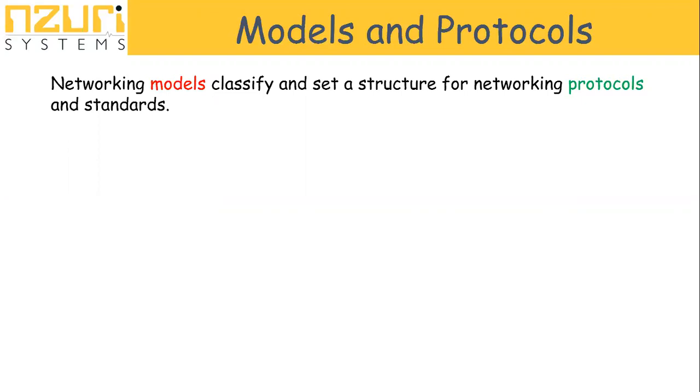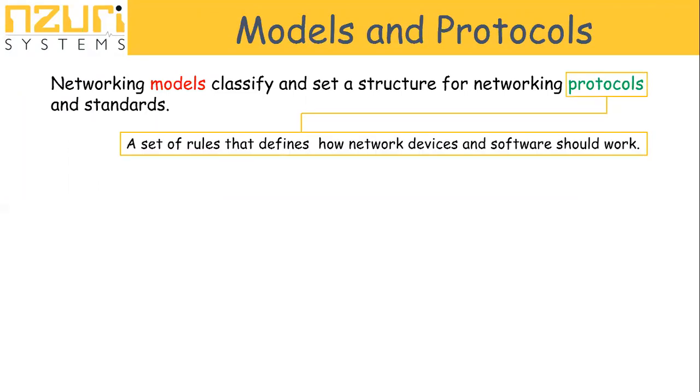Now, if you look in here, we have protocols. When we say protocols, protocols are basically a set of rules that define how our network devices and software should work. And prior to today, I know we have encountered quite a couple of protocols. The very common one we spoke about yesterday, when dealing with cable, was the Ethernet protocol.